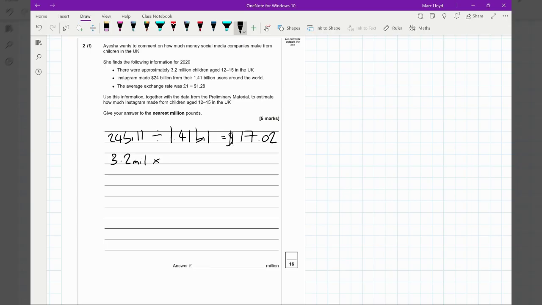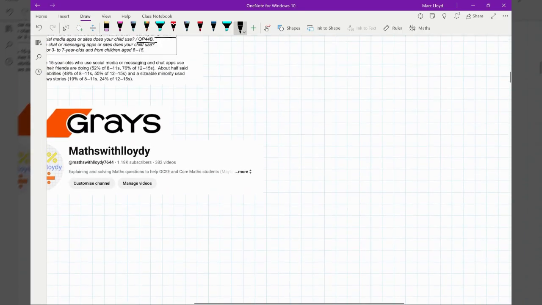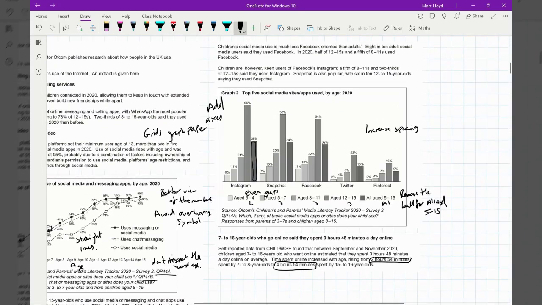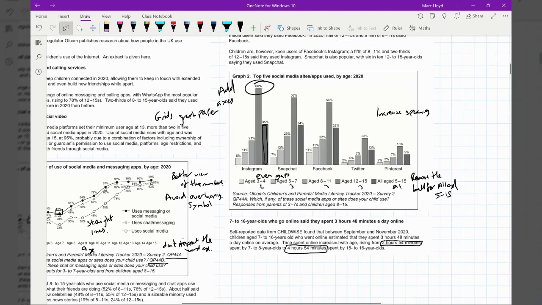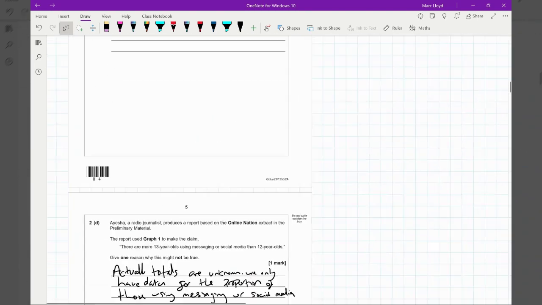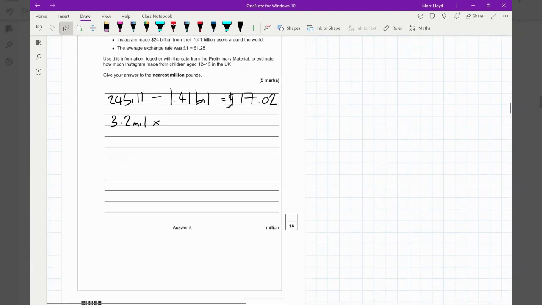And that's going to be multiplied by, when we go to the graph up here, Instagram, 66% are in that age bracket of 12 to 15. So that's going to be multiplied by 0.66 to work out how many users there are. So 3.2 times 0.66 gives me 2.112 million users.